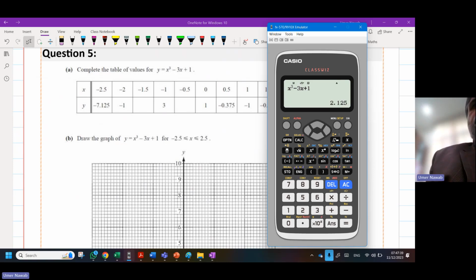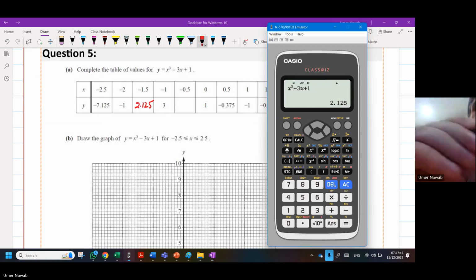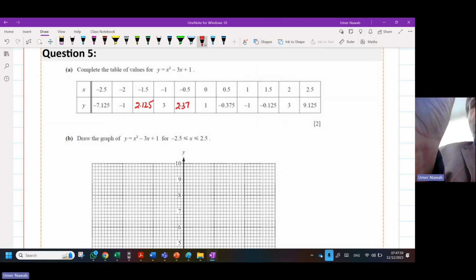It gives you 2.125. Now, may I change my value from minus 1.5 to minus 0.5 and see what the answer comes? 2.375. Now, as you can see, all the y values are completed against x.